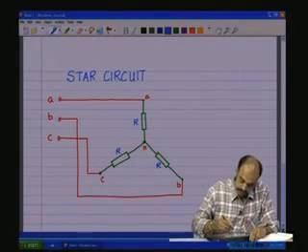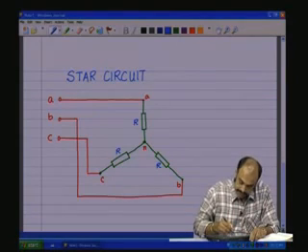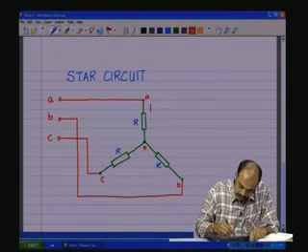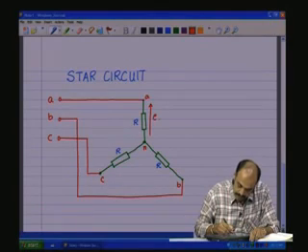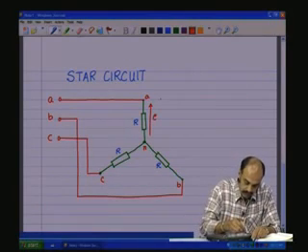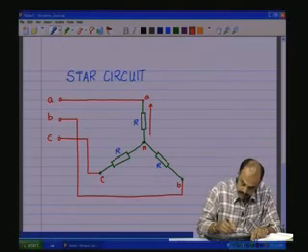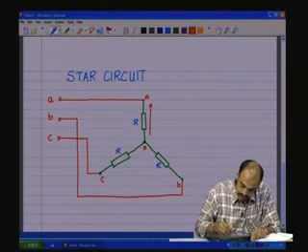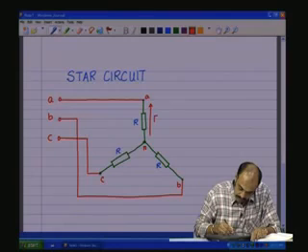So, now we shall say that this voltage here is E A n. Let me take the effective values E A n.